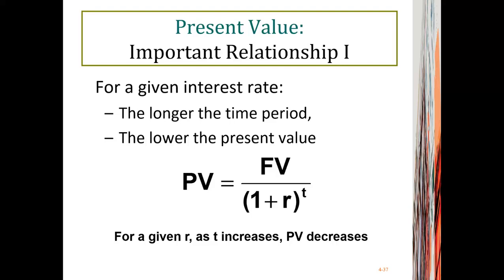The other is the relation between the number of time periods and the present value. Both factors have a negative relationship with PV. If the interest rate increases, present value will be smaller. If the number of time periods increases, PV will be smaller.